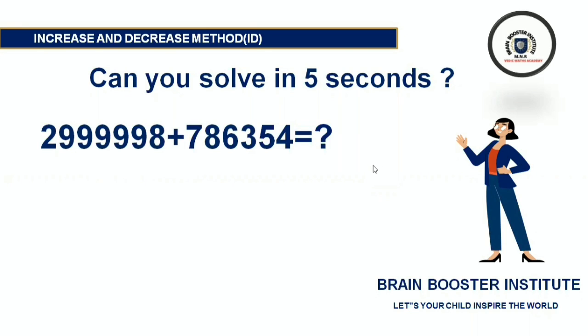Now our question is, here I could solve it in only 1 or 2 seconds. Now you will be able to solve this question with the same technique, the increase and decrease method. So how can you solve this? Very simple, my dear friends. By seeing these two numbers, we can identify which number is closer to its easier number.